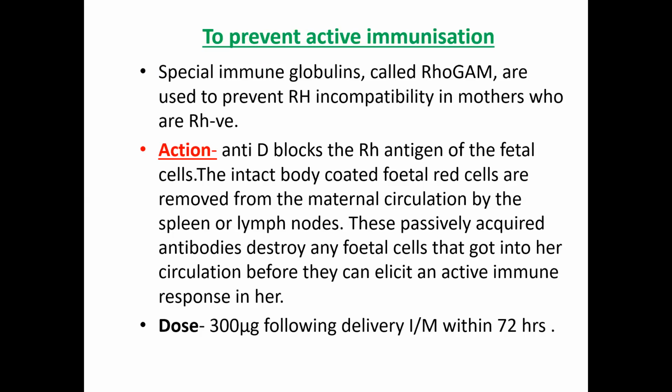Intact, the antibody-coated fetal red blood cells are removed from the maternal circulation by the spleen or the lymph nodes. These passively acquired antibodies destroy any fetal cell that got into her circulation before they elicit an active immune response in her.